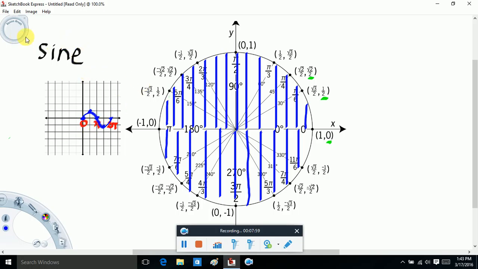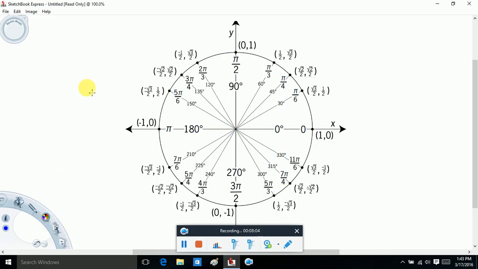Okay, let's do a different example. So here we're trying to find the period of the following function. So why don't we try to use our graphing calculator for this?